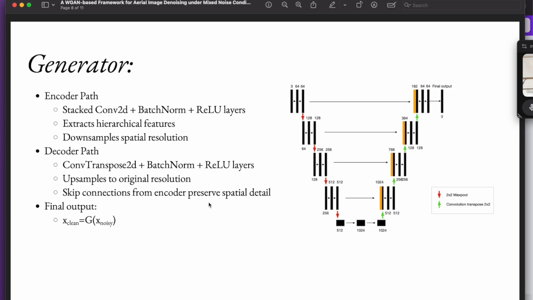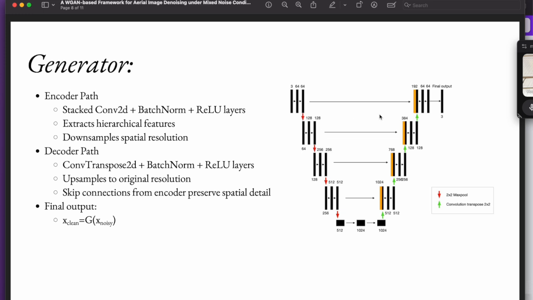Now what we are seeing here is that there is an encoder and decoder, but the image is getting compressed and then the spatial resolution is getting increased. So how do we think that the details of the image will be maintained? In order to maintain these details, we have these skip connections here.